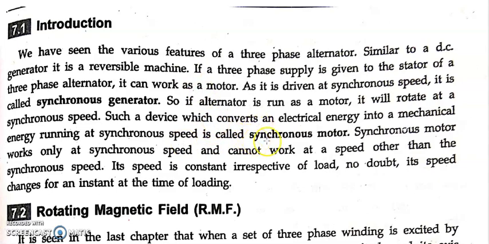Now let us see how the word synchronous has come into the picture. What does synchronous mean? To understand this, let us take the example of a single phase induction motor or three phase induction motor. We know that a single phase or three phase induction motor always runs at slip speed, right? There is a term called slip in the induction motor. There is no such term slip in the synchronous motor.